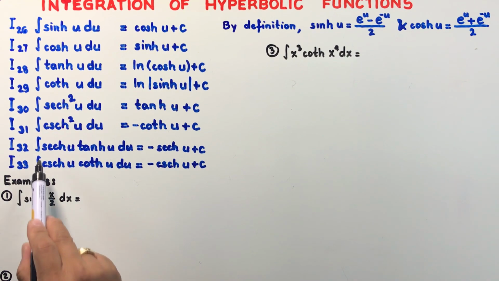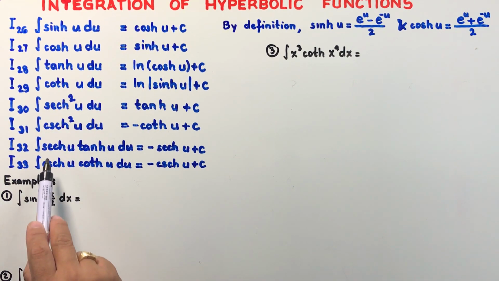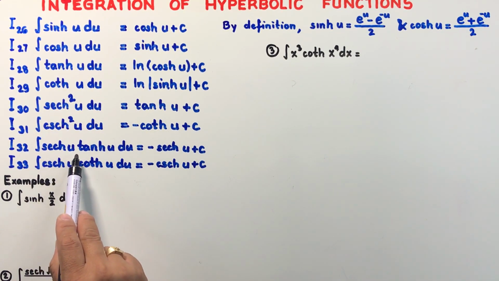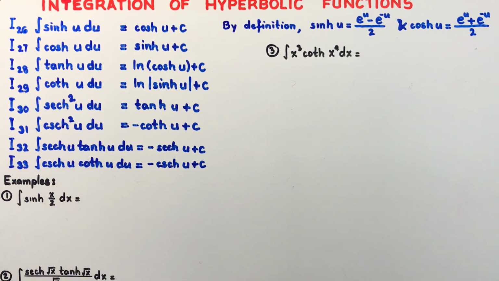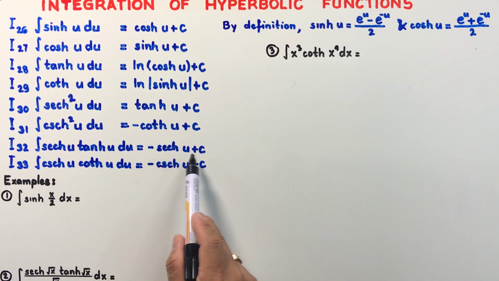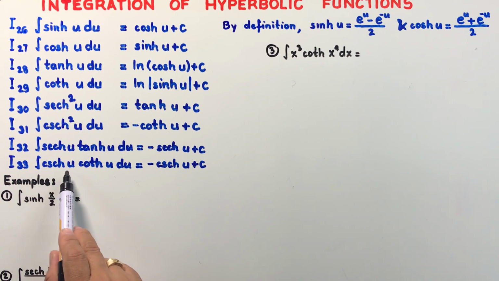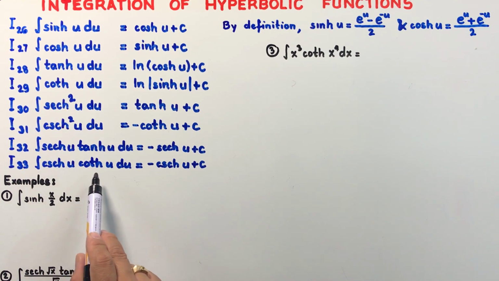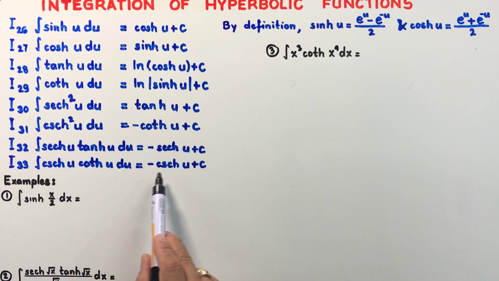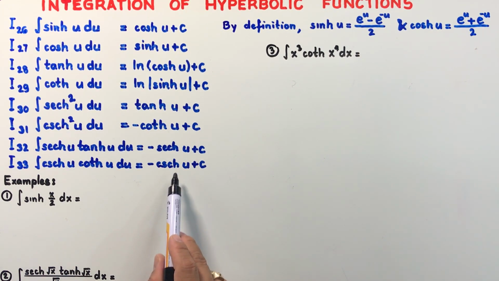And we have the last two formulas: the integral of the hyperbolic secant of u times the hyperbolic tangent of u du, which is equal to the negative hyperbolic secant of u plus c. And the integral of the hyperbolic cosecant of u times the hyperbolic cotangent of u du, which is equal to the negative of the hyperbolic cosecant of u plus c. So we will use these formulas in integrating hyperbolic functions.